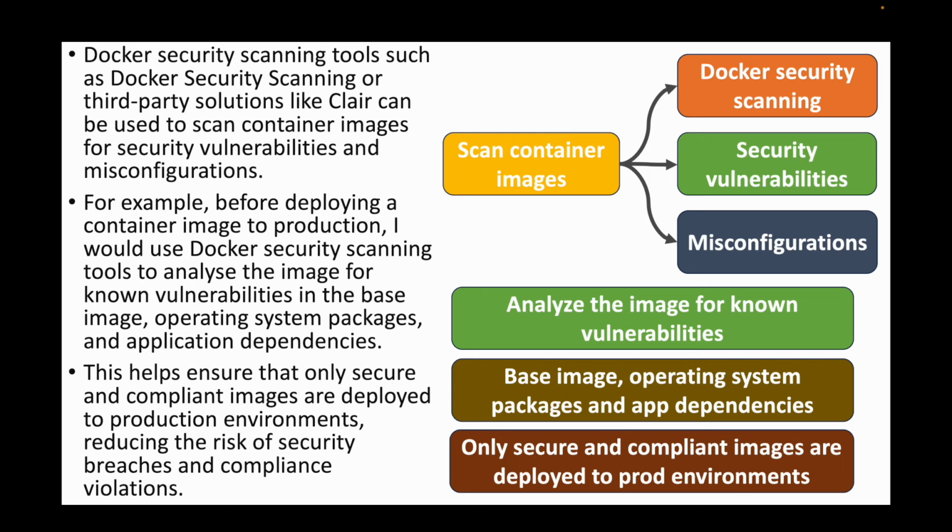And this will help us to reduce the risk of security breaches as well as compliance violations. All right, so we can make use of scanning tools that will help us to scan for any vulnerabilities and misconfigurations. That way we can be assured that we are using a secure image to run our containers, especially in the prod environment.